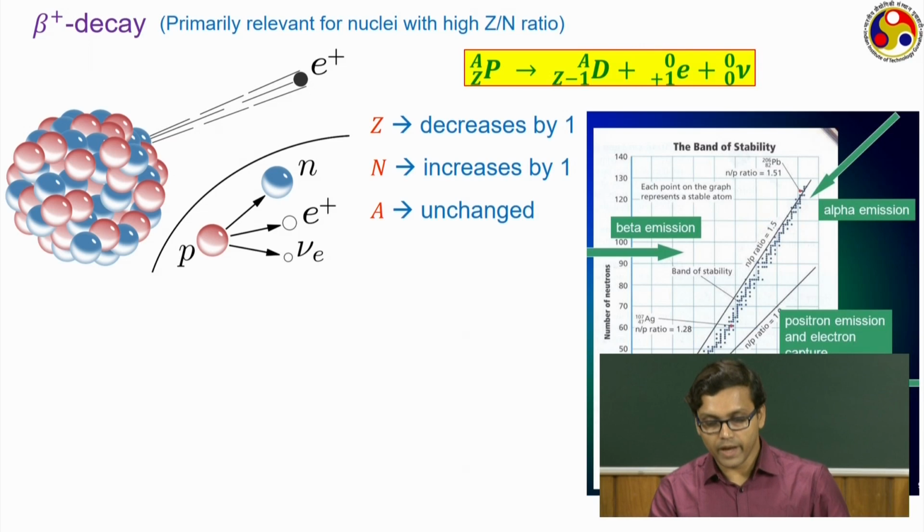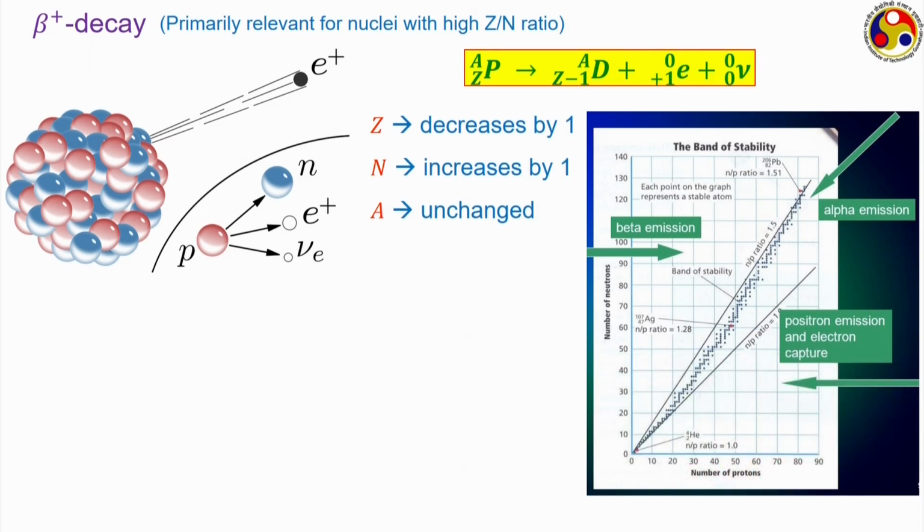We are just going back to the diagram just to point out whatever we are discussing here. This dotted line which you can see here is the band of stability. So, when we are talking about beta emission, or electron emission, often called beta minus emission, it is associated with isotopes having a large N by Z ratio.